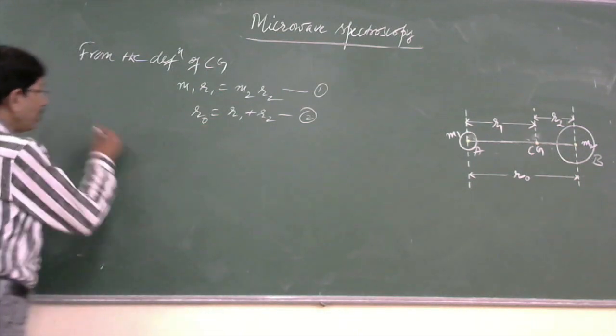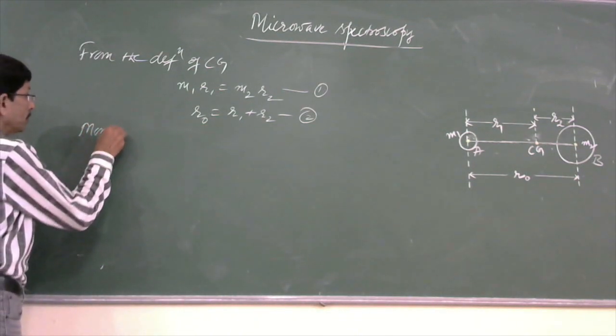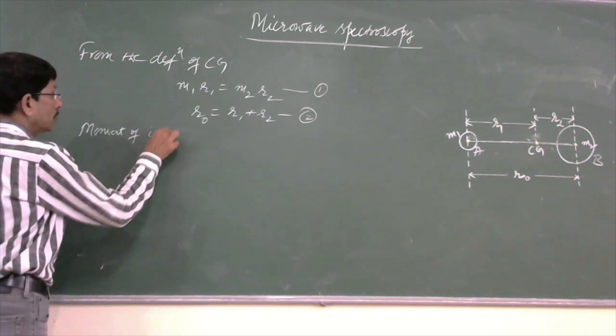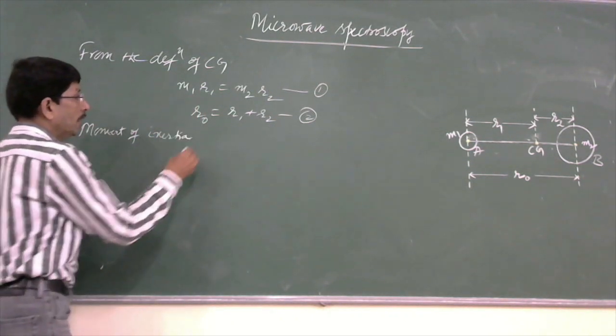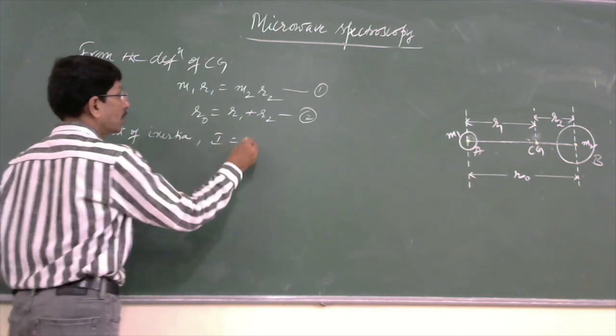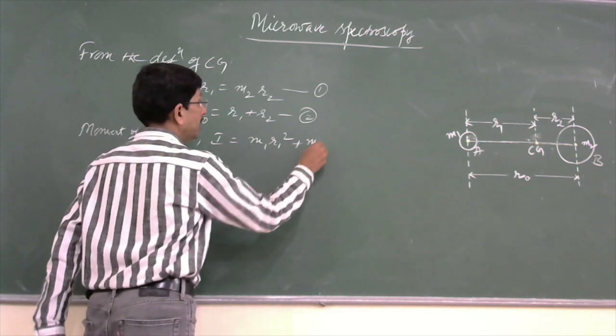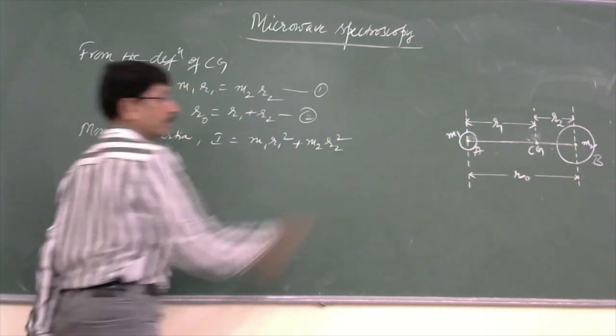And the moment of inertia is given by the expression I is equal to m1 r1 square plus m2 r2 square.